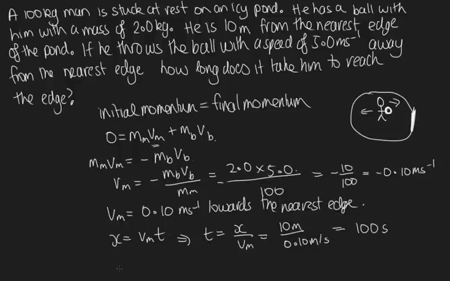So 100 seconds, or 1 minute and 40 seconds. So to do this, we needed to assume that this icy pond had no friction. If there was friction, then it would slow him down and he might not actually have enough energy to reach the edge.